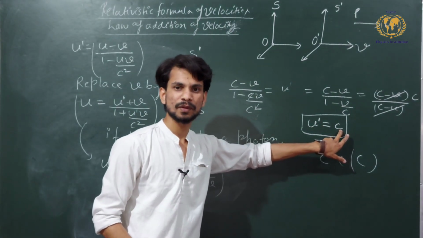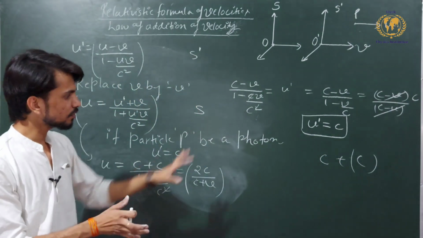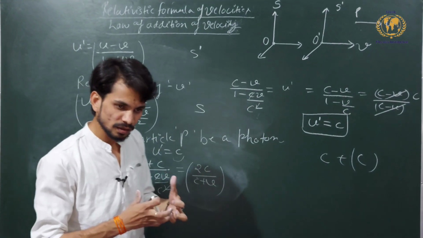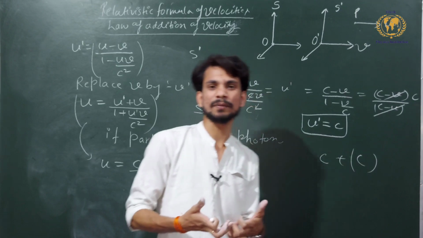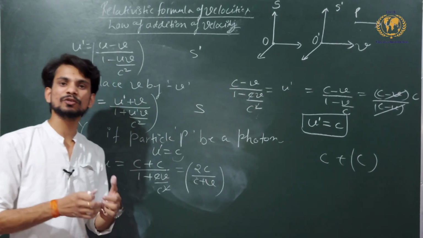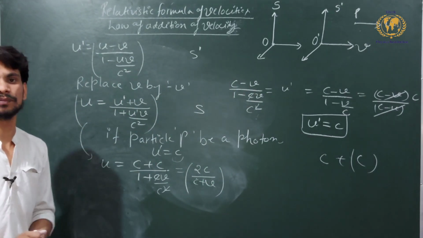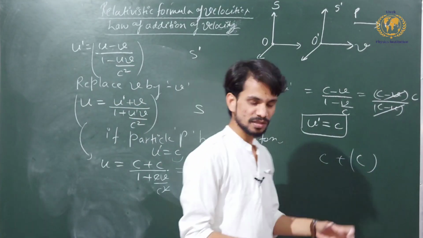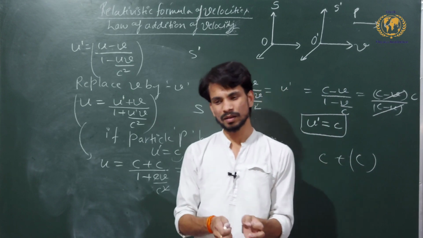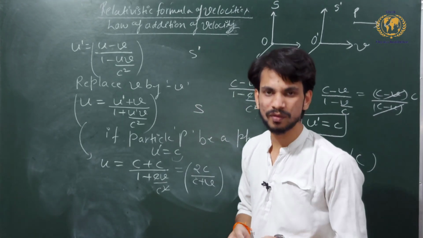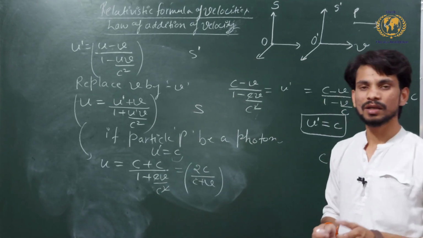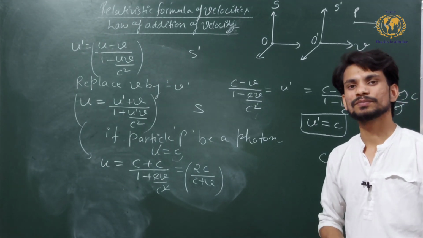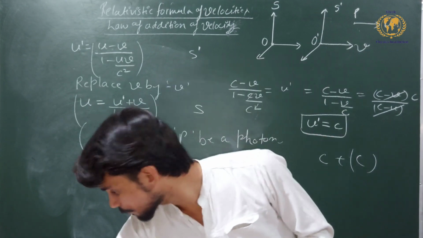So this mathematical interpretation simply shows that if you add velocity c to the already speed of light, then you will get again velocity c. Its simple meaning is that c, which is the speed of light, is the absolute maximum value of velocity. You cannot go beyond the speed of light. So this is the physical significance of this particle.